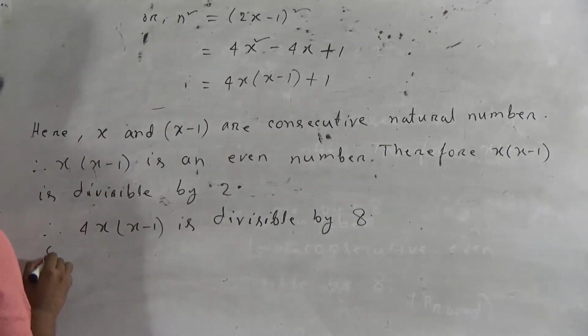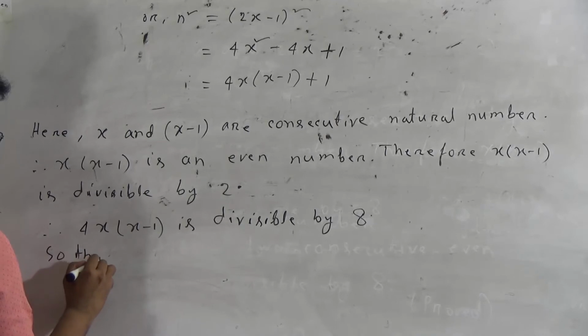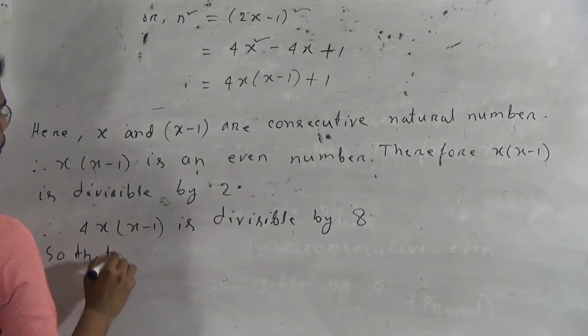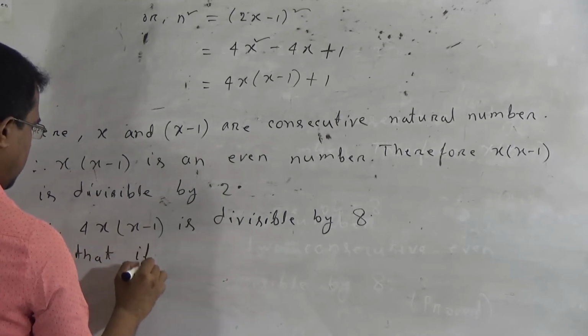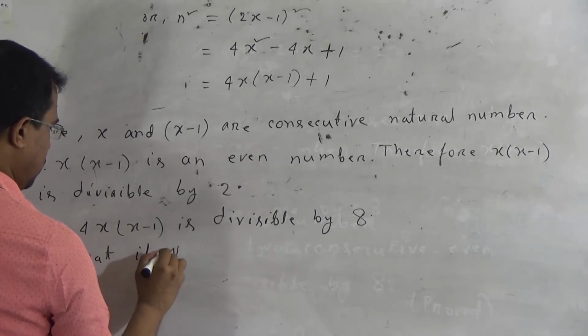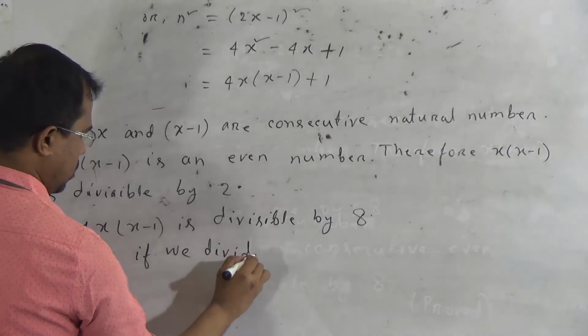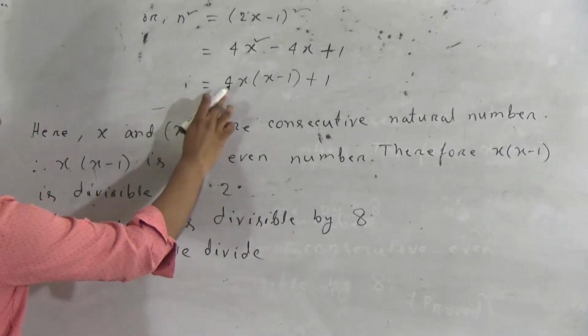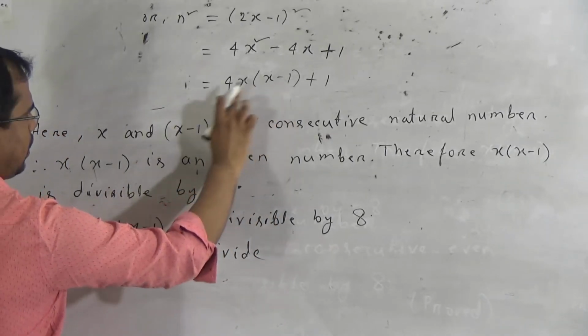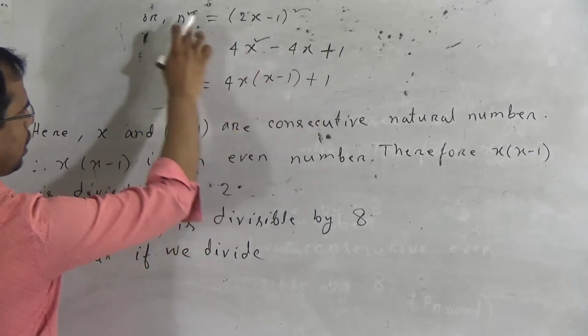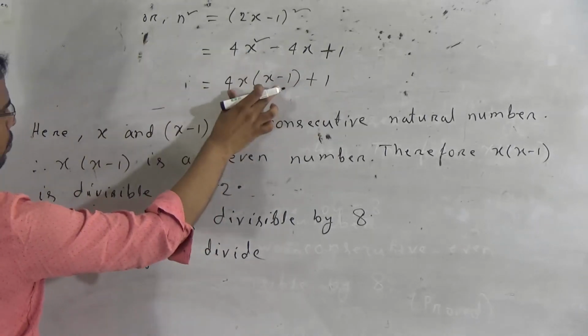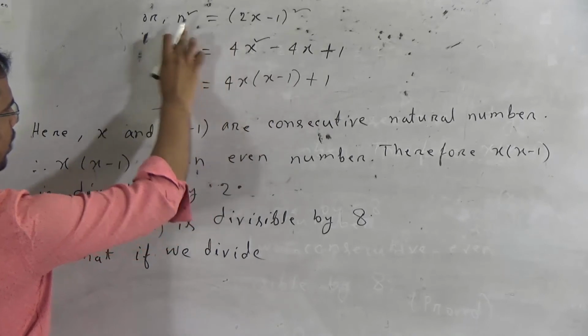so that if we divide here, 4x into x minus 1 plus 1 is equal to n square. So instead of 4x into x minus 1 plus 1, we can write n square.